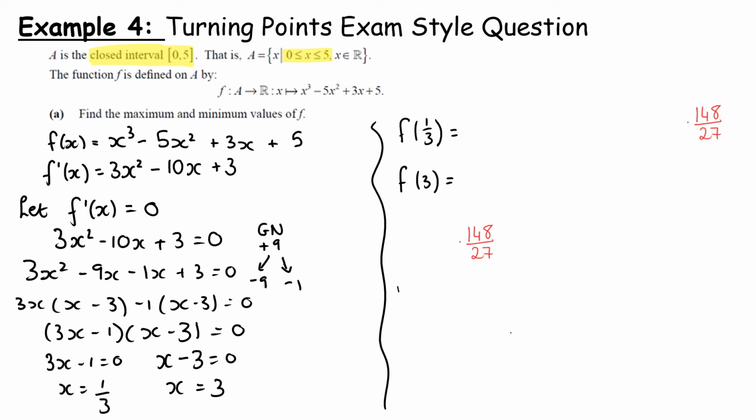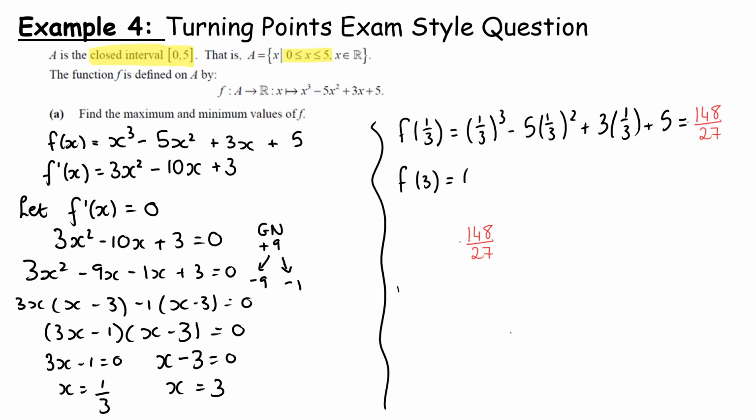So that is 1/3 to the power of 3 minus 5 times a third squared plus 3 times a third plus 5, and that should equal 118 over 27, so not particularly nice at all.